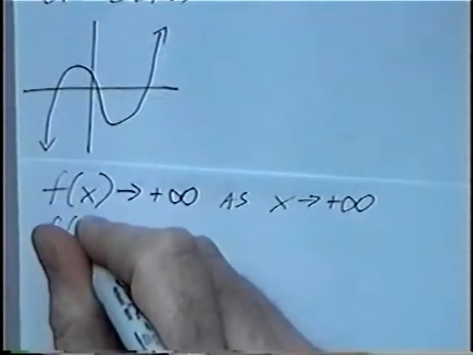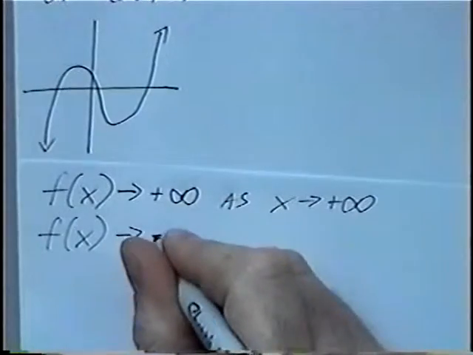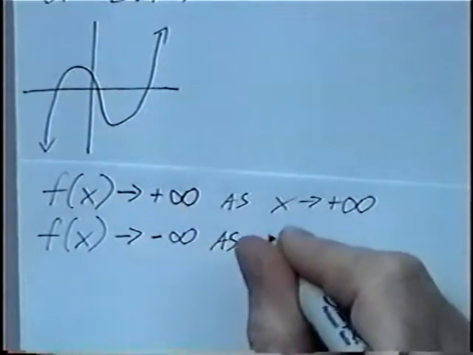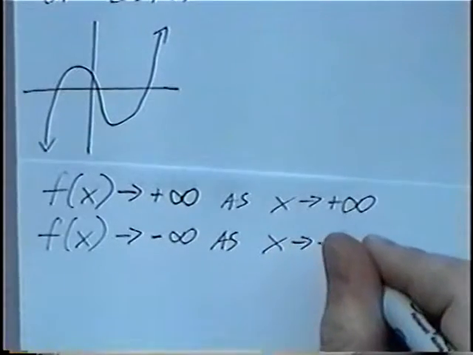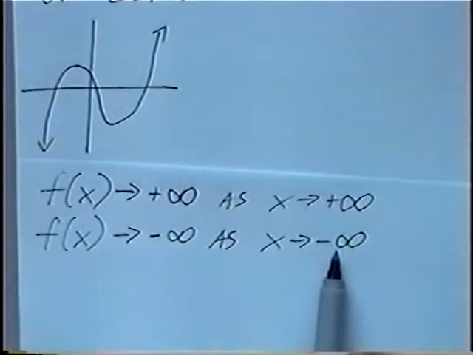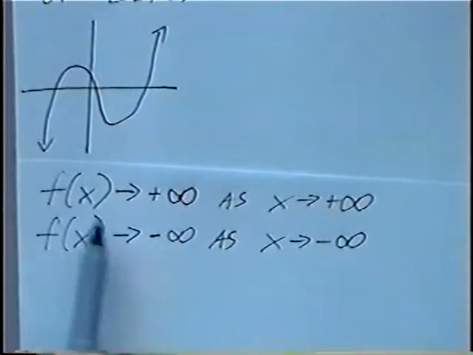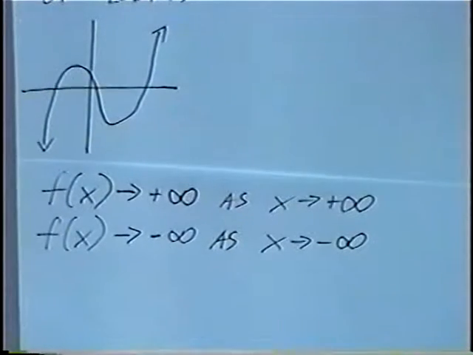So likewise, we can put f of x, which again is the graph, goes to, since it goes down to the bottom or negative numbers, this would be negative infinity, as x also goes to negative infinity. And again, this means the left side of the graph, since we're talking about negative numbers, the graph also goes down to the negative side or negative infinity.